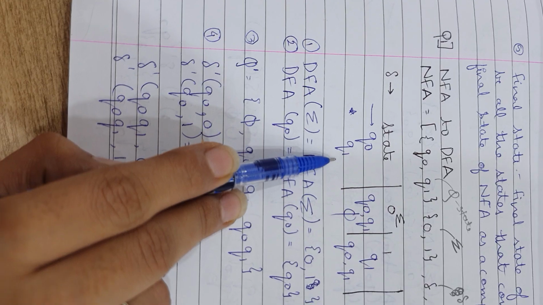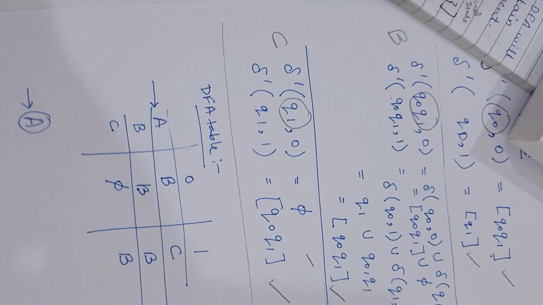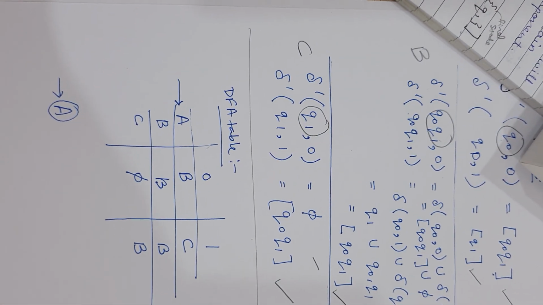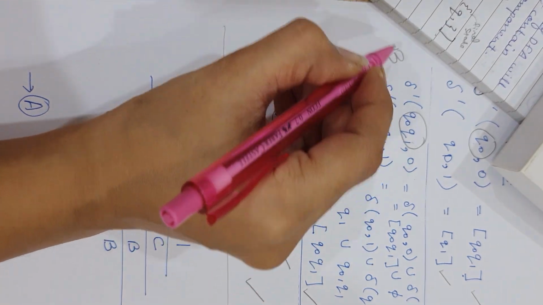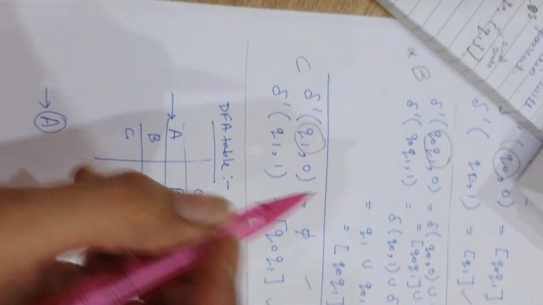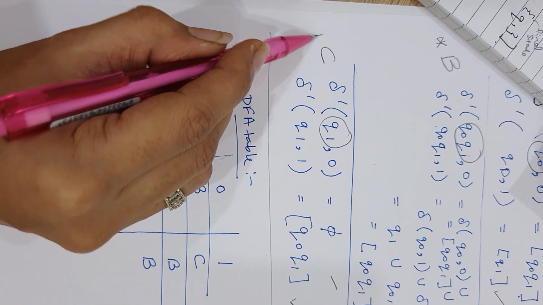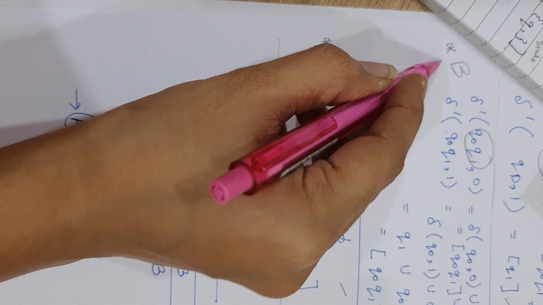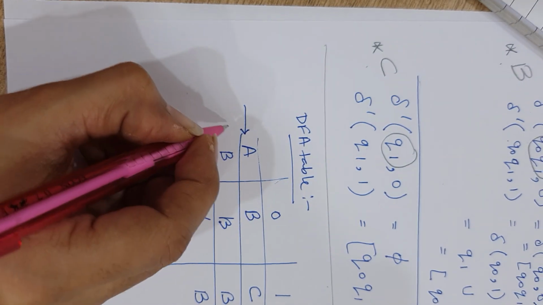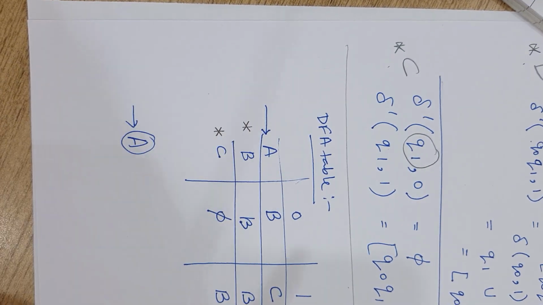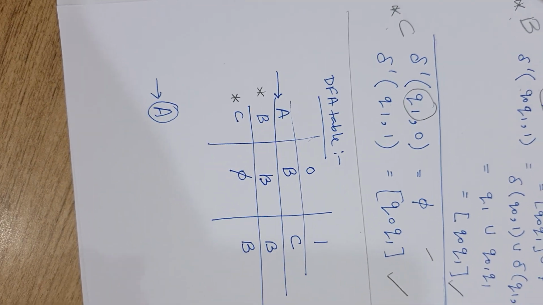So what was the final state in the given NFA? It was Q1. Now I will look out for all those states which contain Q1. So B contains Q1, this will be the final state. C contains Q1, this will be the final state. So B and C are my final states. I indicate that by marking a star in the table.